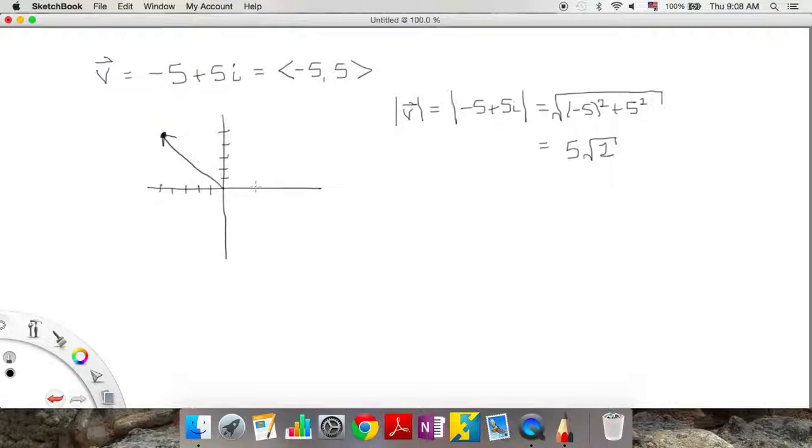We also can find our direction angle, theta, and we said that theta, our argument, was the inverse tangent of the imaginary part over the real part. Now, when you punch this in your calculator, remember, your calculator is going to give you from -pi/2 to pi/2.